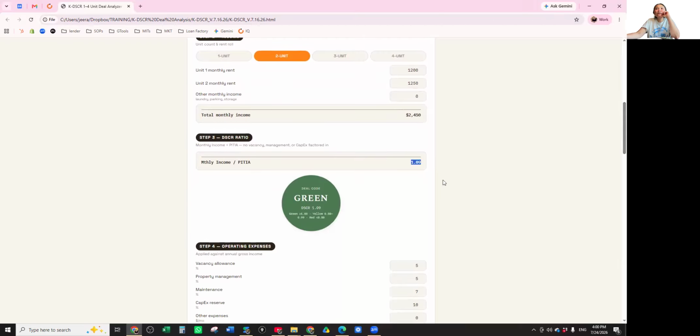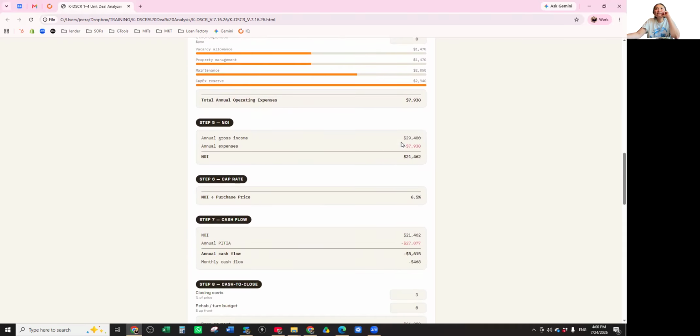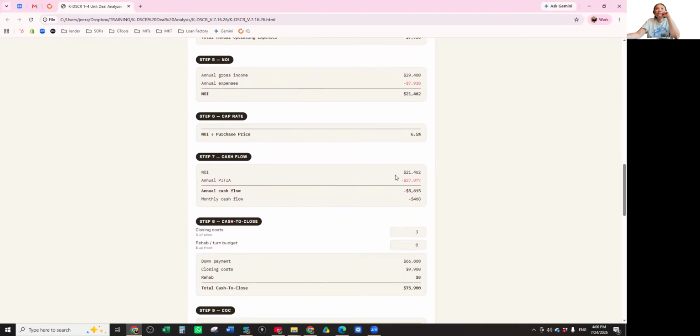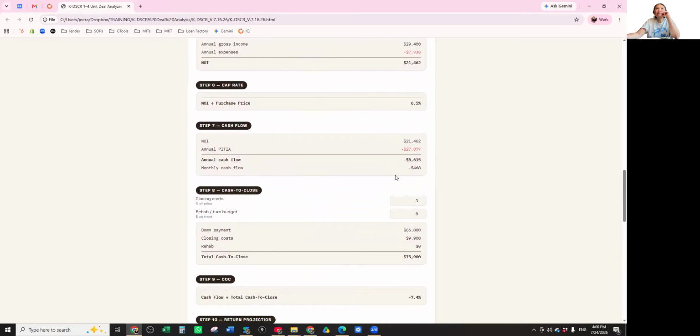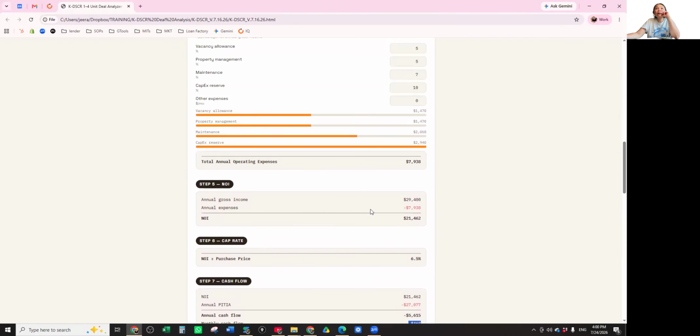Okay, it's over 1. DSCR is good, so that meets lender requirement. And I have cap rate 6.5, which is not bad. And cash flow is still negative. But again, this is paper cash flow.